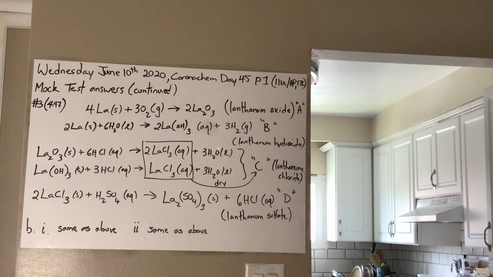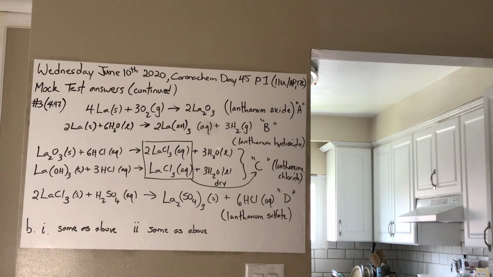Both A and B dissolve in hydrochloric acid to give a clear solution. When either of these two solutions is evaporated, a soluble white solid, compound C, remains. If compound C is dissolved in water and sulfuric acid is added, a white precipitate, compound D, forms.